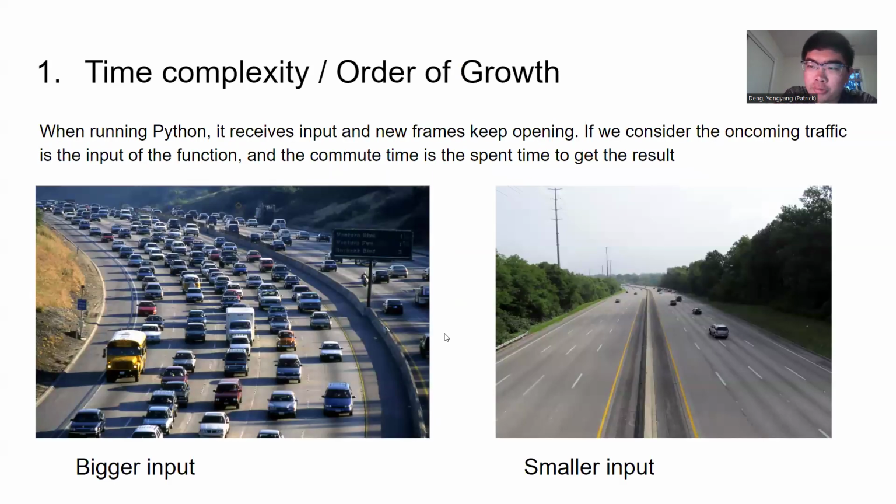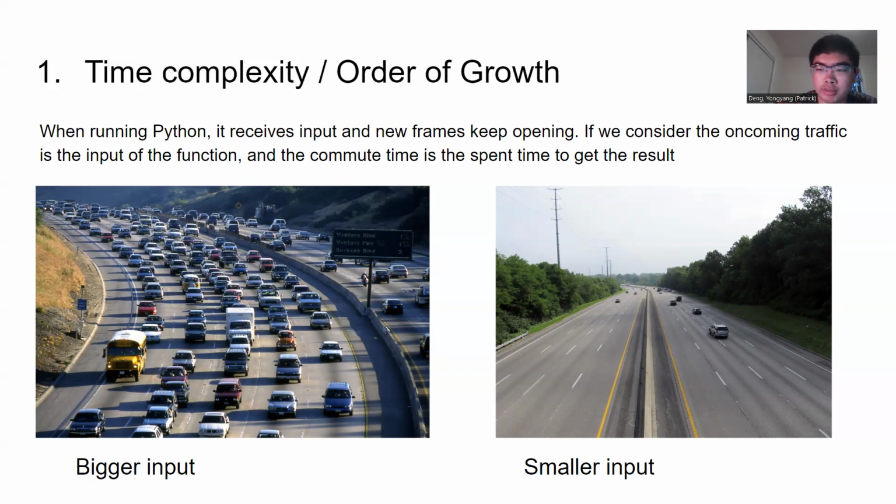When you run a Python program, let's say I have a bigger input, 10,000 cars on the road, and a smaller input, 10 cars on the road. If you run a Python program like an algorithm or function, it receives input, and when you start running the function, a new frame will open.